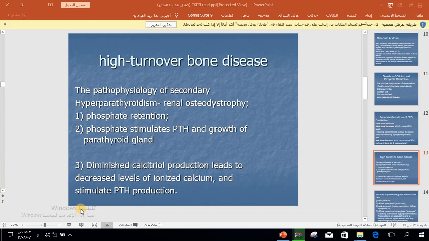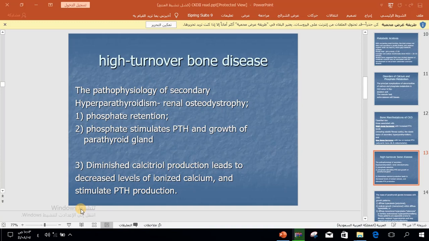So the parathyroid hormone functions: it targets the intestine indirectly via activation of vitamin D. Vitamin D is activated by the 1-alpha hydroxylase enzyme, which is activated by parathyroid hormone. Parathyroid hormone also acts on the kidney by 2 mechanisms.